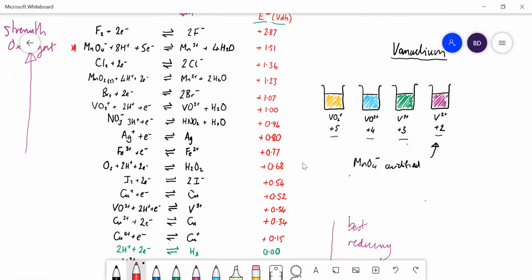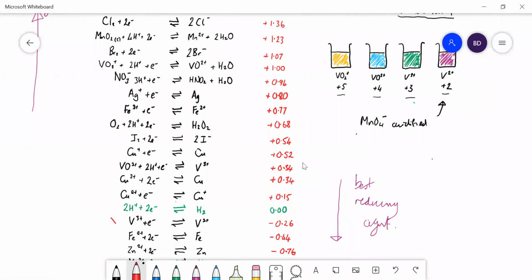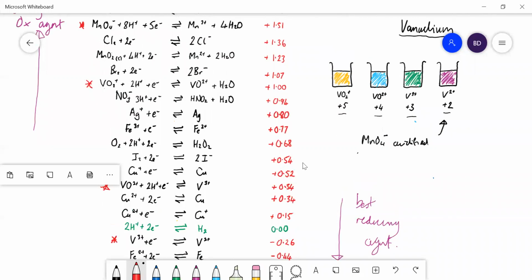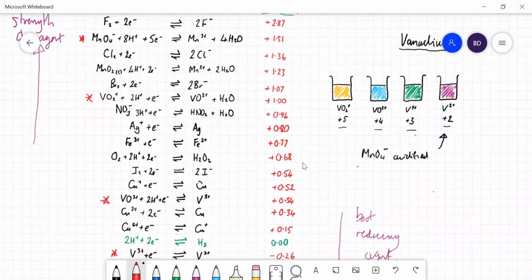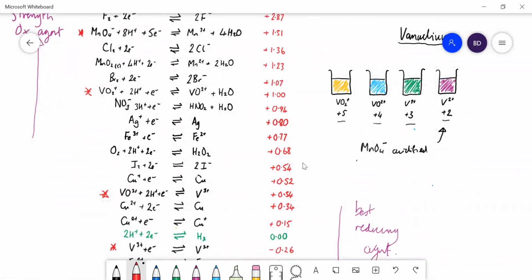Then we've got the V2+ down there, and other ones with vanadium species in them, that one and that one. So let's see what happens when we add manganate, MnO4-. Can it react with V2+? We're looking at this one and this one.